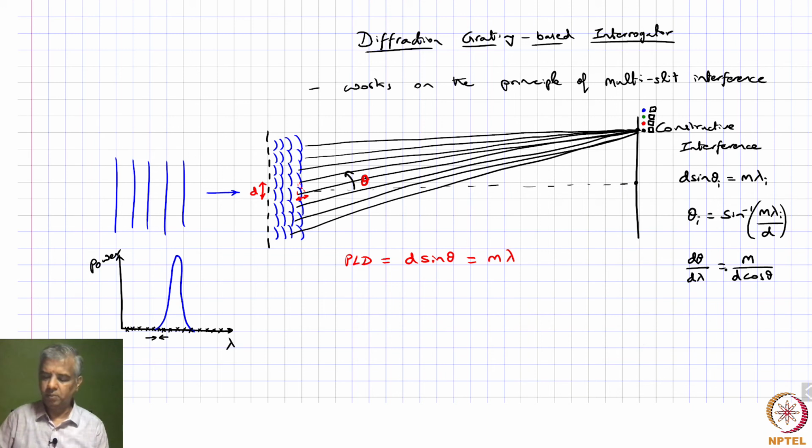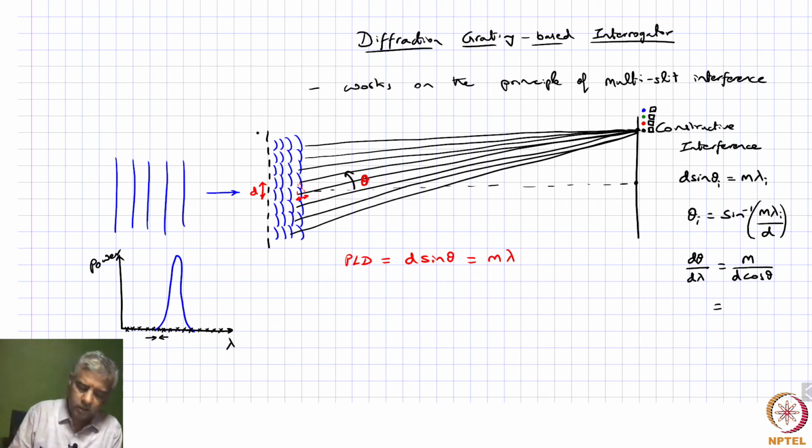The significant point here is that it's inversely proportional to d. So that means the smaller the spacing between these slits, that would correspond to a higher angular dispersion.